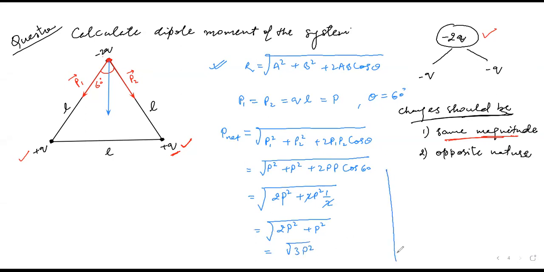Finally, you got P net is equal to root of 3P square. When you take P outside from the root, then you get only P root 3. What is the value of P? The value of P is Q into L. It will be QL root 3, which is your P net. Note it down, please. This is your final answer. Note it down, please.